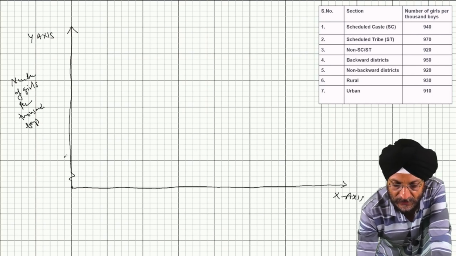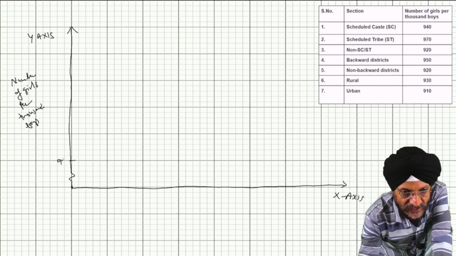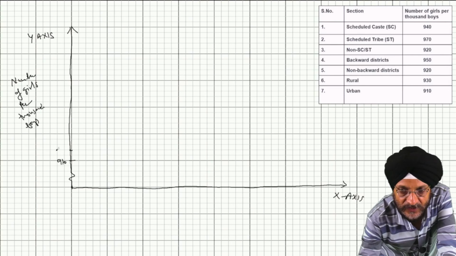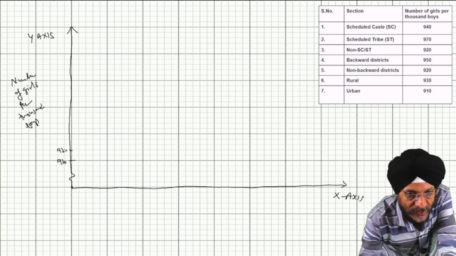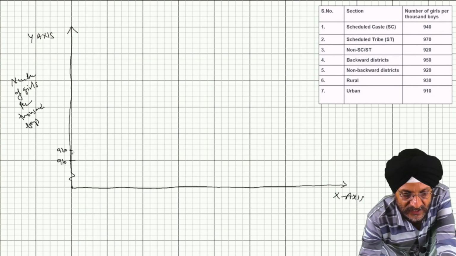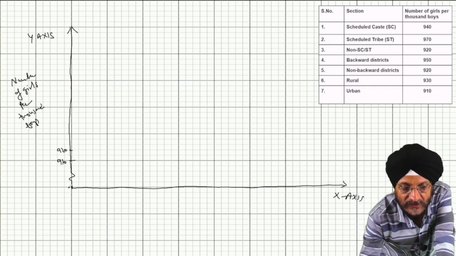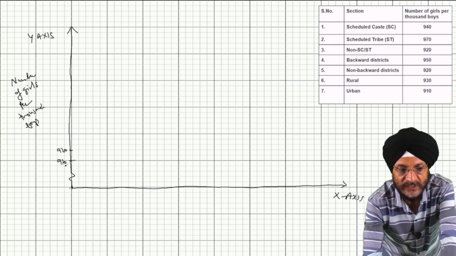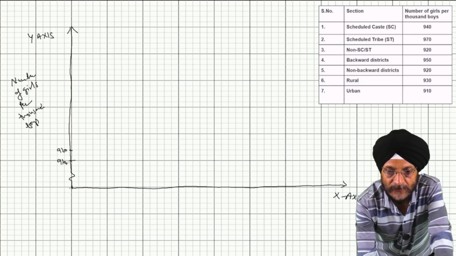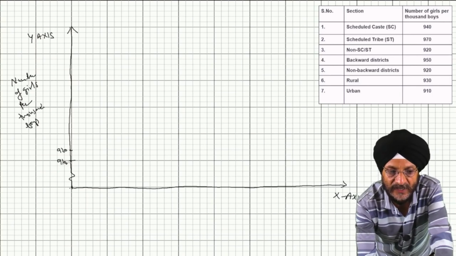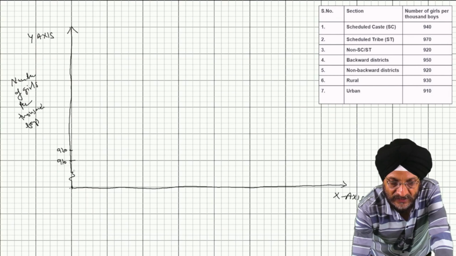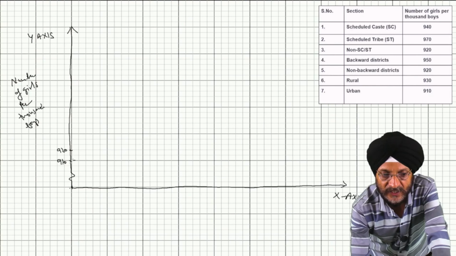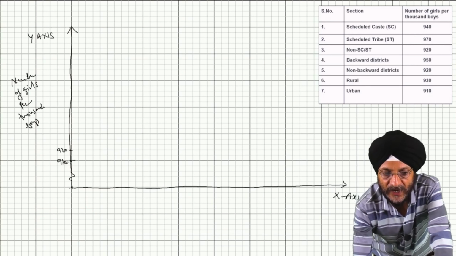Here we assume that this is 910, and after every two lines we take it as 920. So when this difference is 10, how is it 910? We assume that up to this point the number of girls will be 910. That is the purpose of the kink.